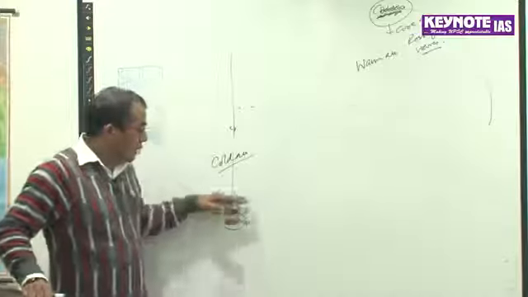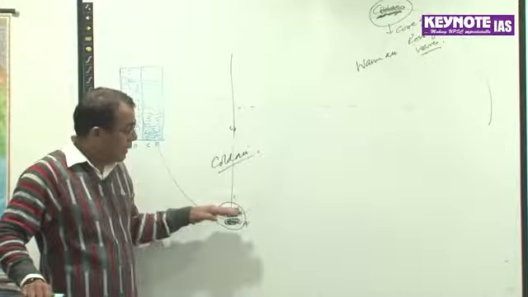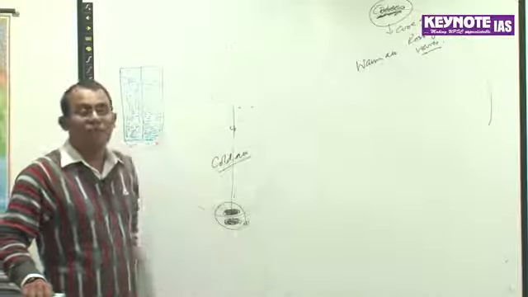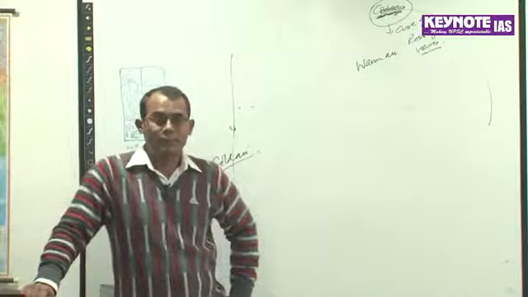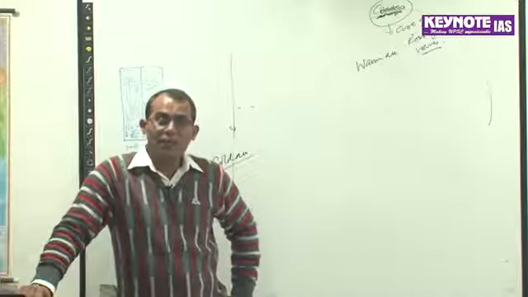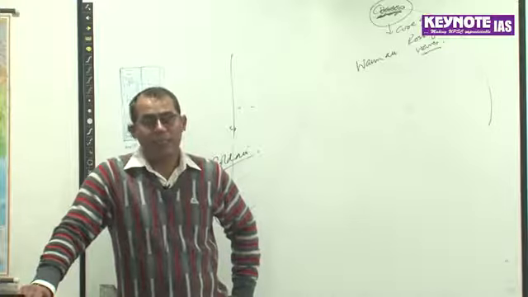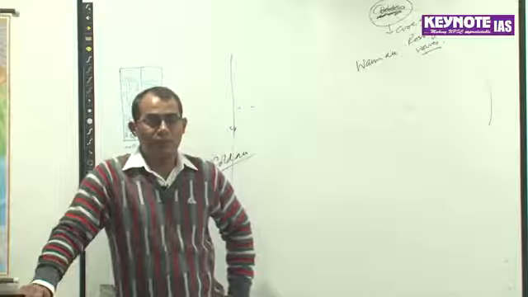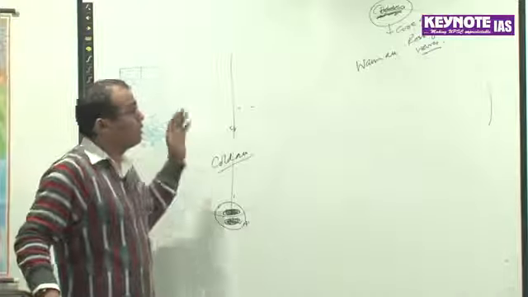Now the temperature contrast will be very huge. So the pressure gradient force will be very steep and it will produce a jet stream in the core of that Rossby wave. And that's how the Rossby wave will form.